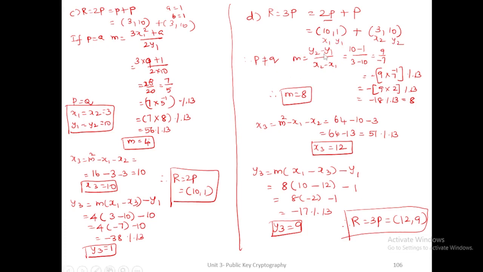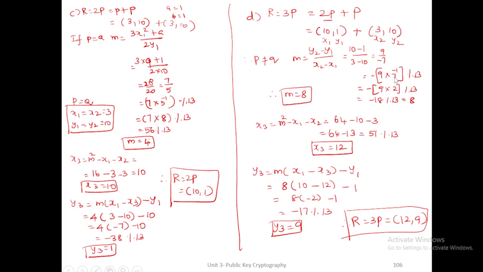So m is equal to (y2 minus y1) by (x2 minus x1). Here y2 is 10, y1 is 1, x2 is 3, x1 is 10. So substitute those values, and the answer is 9 by minus 7. I am writing minus 7 on the outer side, so it is minus 9 into 7 inverse mod 13.